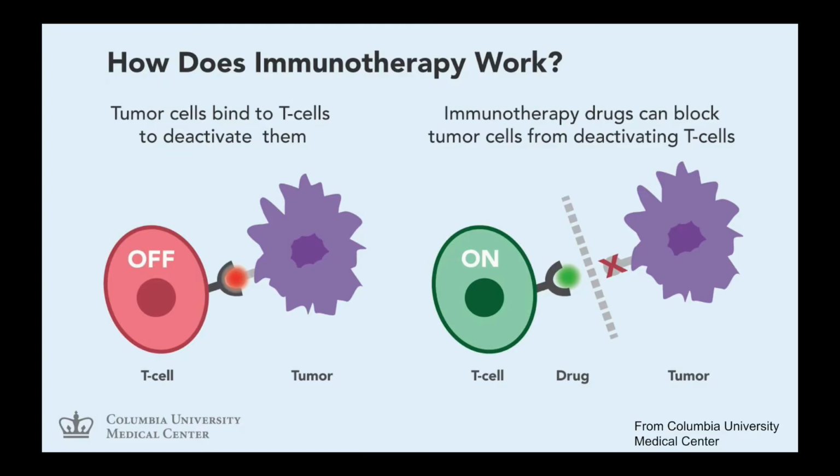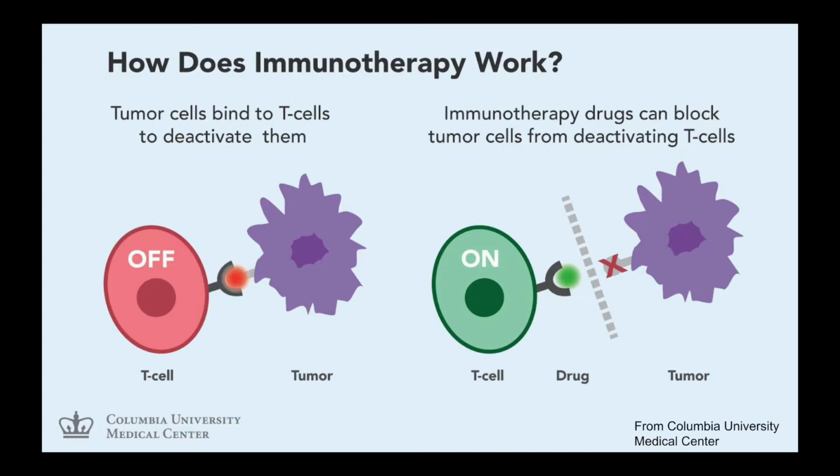So in this picture we found from Columbia University Medical Center, it shows how immunotherapy works. On the left, in the T cell and tumor picture where it says off, that's just before immunotherapy. So the tumor is attacking the T cell, and that's pretty much how cancer happens.